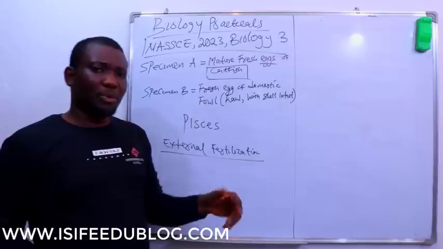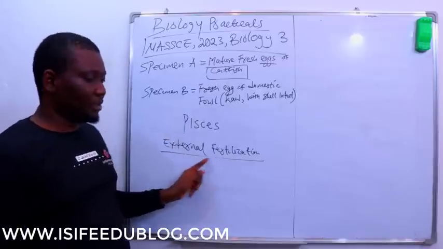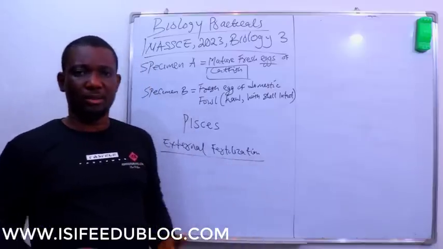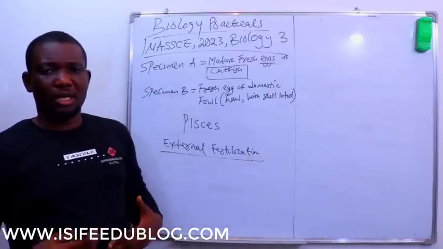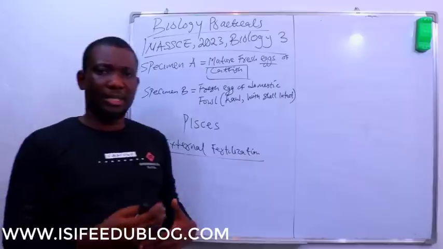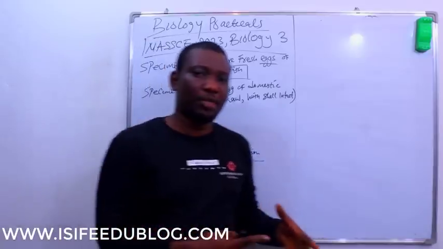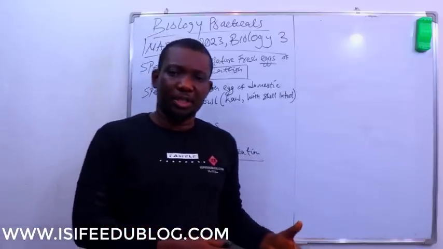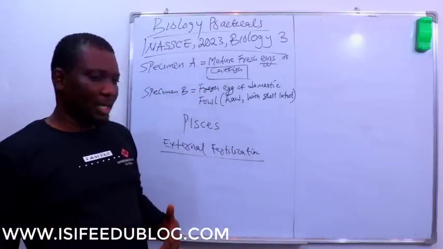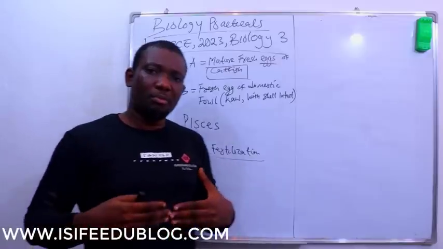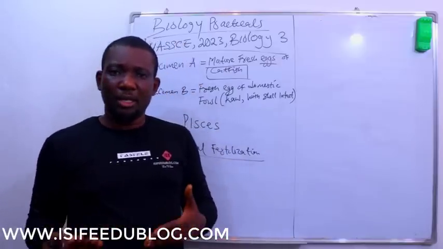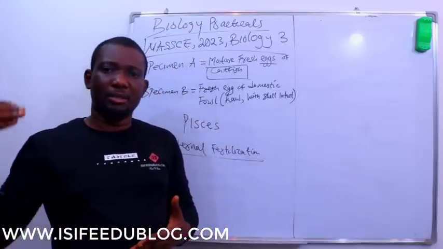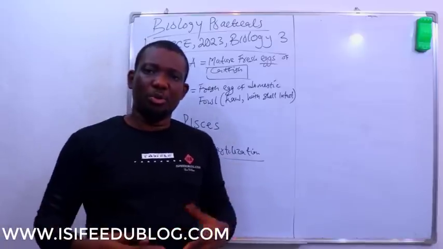Furthermore, I want to say this now. External fertilization has a lot of disadvantages and is so disadvantageous to the organisms that do it. At the point of laying unfertilized eggs, which are to be fertilized outside the body of the female catfish, so much sperm is discharged or released by the male that some of it will be wasted.